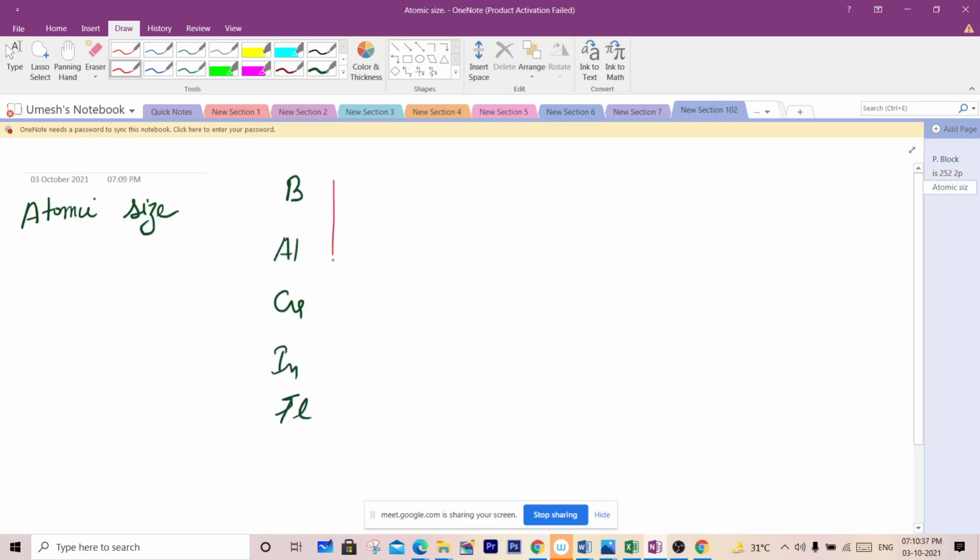As you go down the group, from top to bottom, the atomic radius increases.